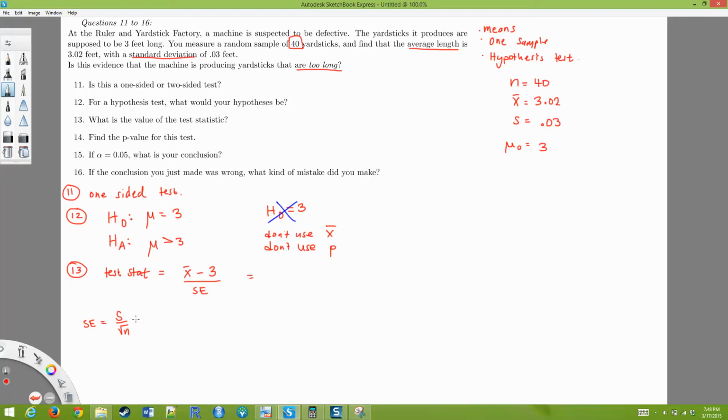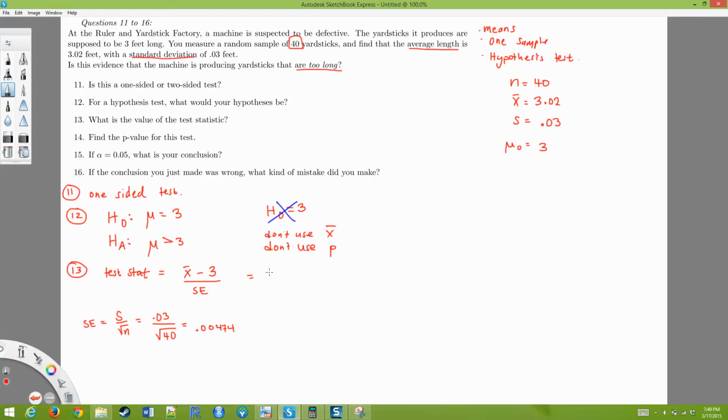Standard error is s over the square root of n, so I'm going to do 0.03 divided by the square root of 40. That gives me a very small number, which is 0.00474.